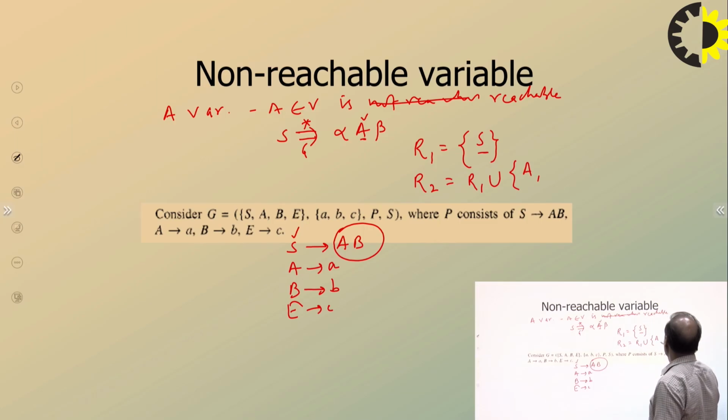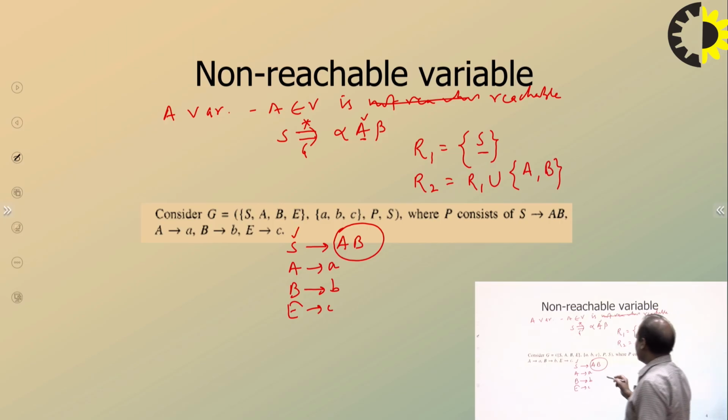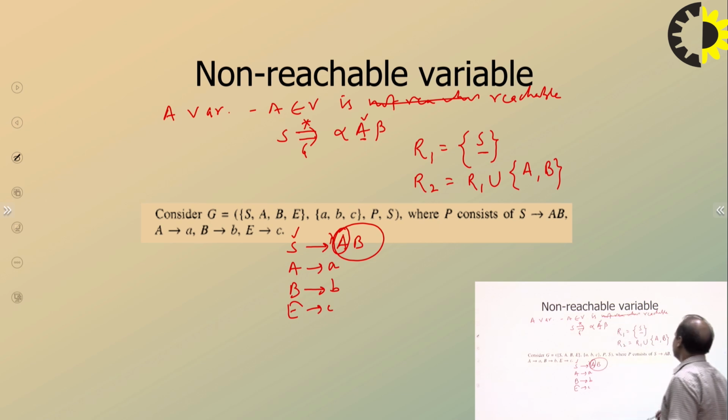So this is A and B. Why? Because this is taking the role of alpha, A can be this, beta can be this. Similarly, this can be alpha, this can be A, this can be beta. So it is very simple, okay, so R2 is actually S, A, B.